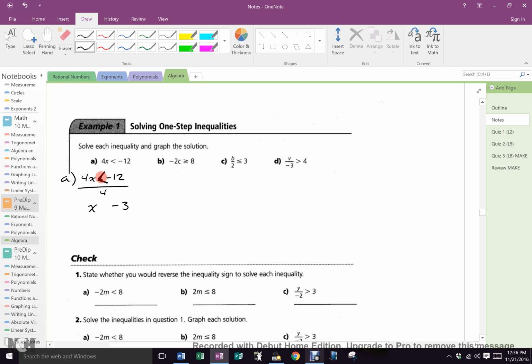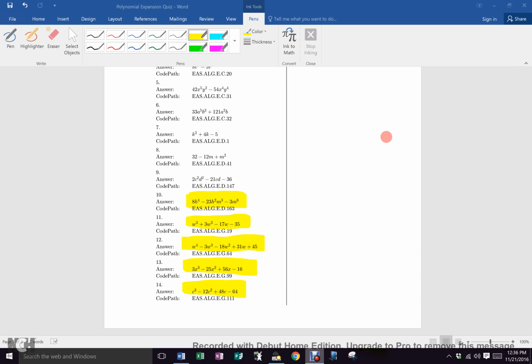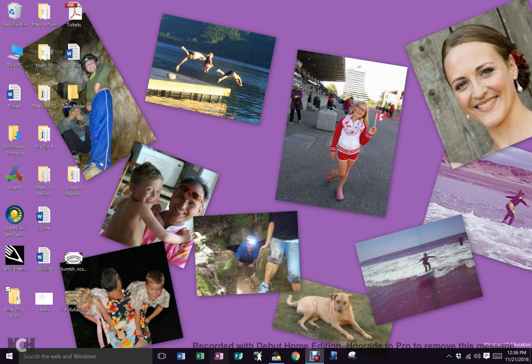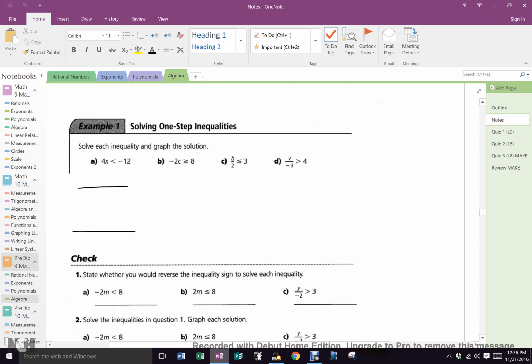Positive. So does the sign change? No. Then we graph it. What's the only number that matters? -3. Open or closed? Open, to the left. Ooh, everything disappeared there.